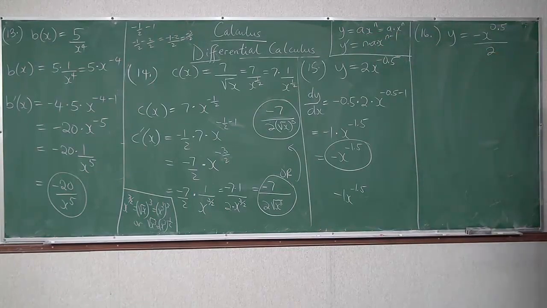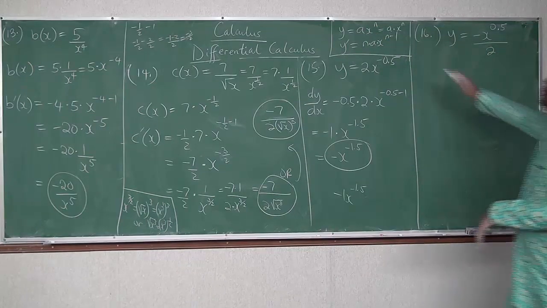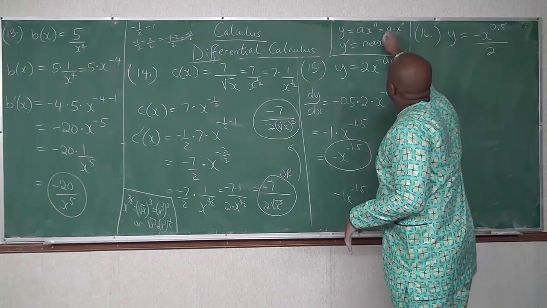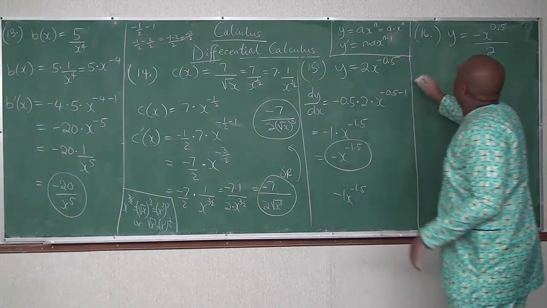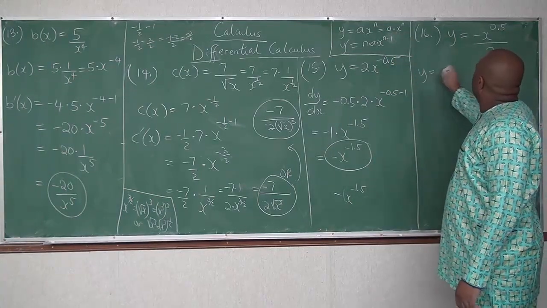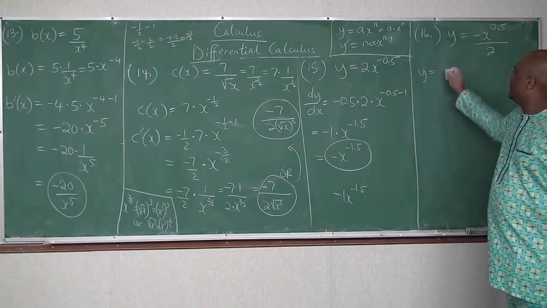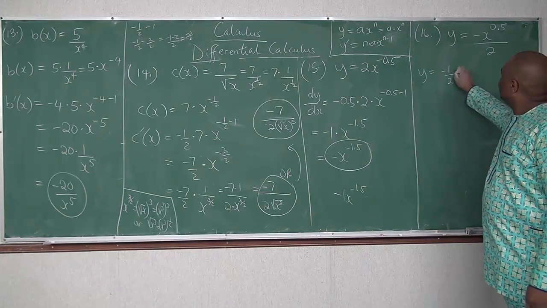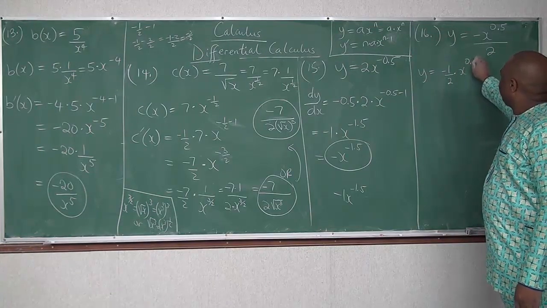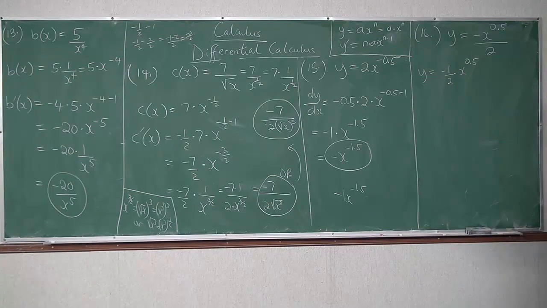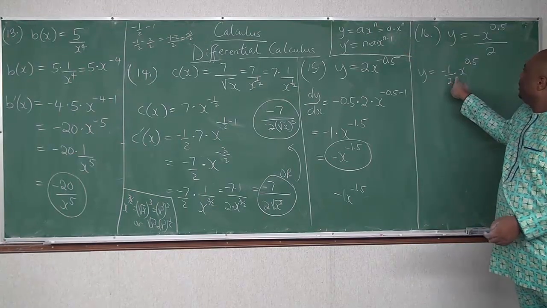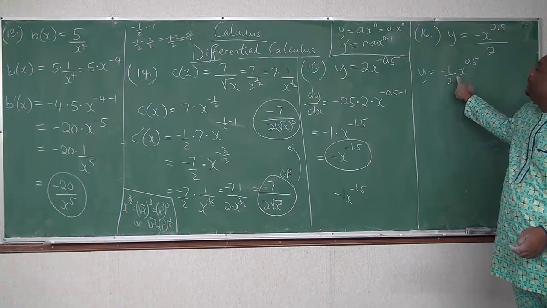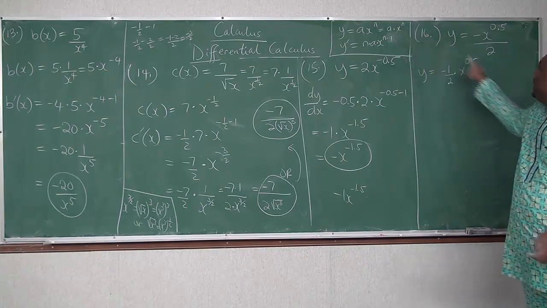A times x exponent n. So this will be y equal to negative 1 over 2 times x exponent 0.5. You agree with me that it is that. So your a is negative 1/2 and then n is 0.5.